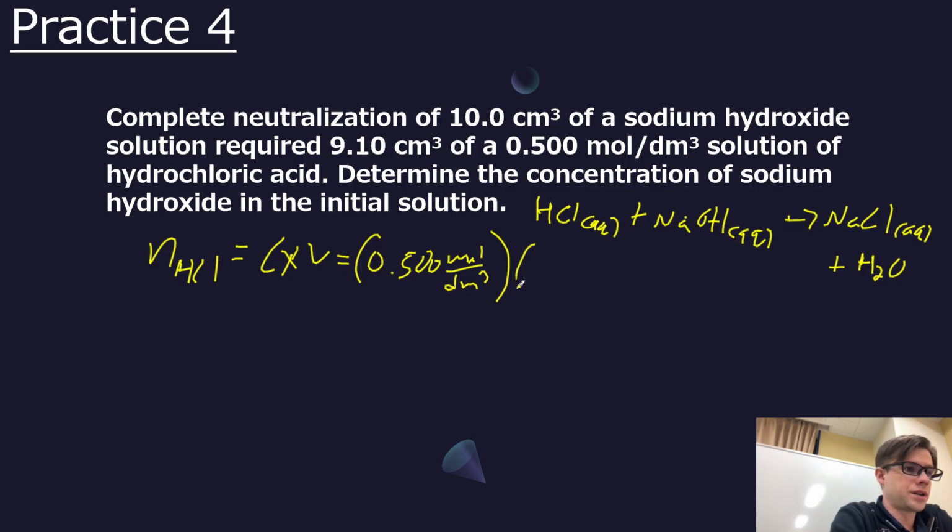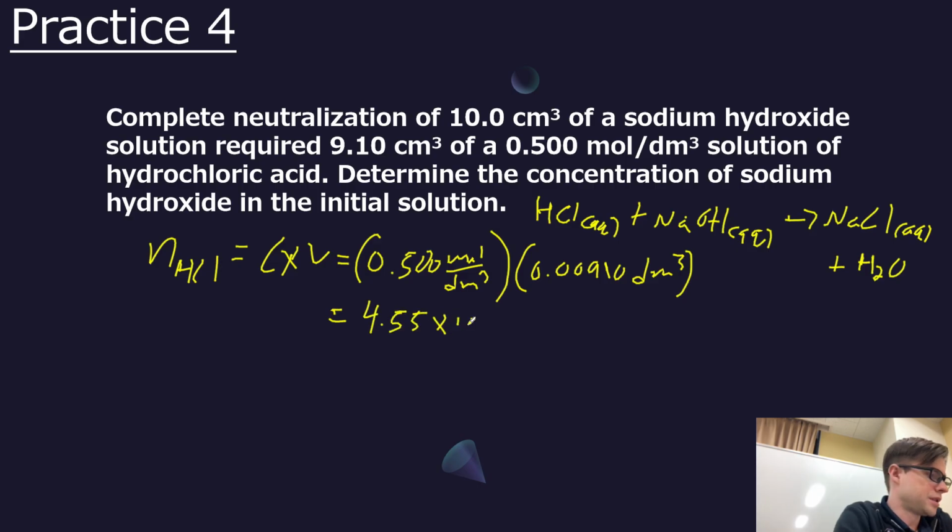Again, I don't want that. Divide by 1,000, 0.00910 decimeter cubed. And that comes out to 4.55 times 10 to the minus 3 moles.